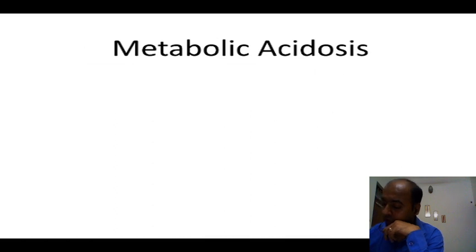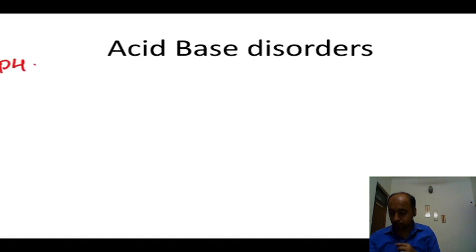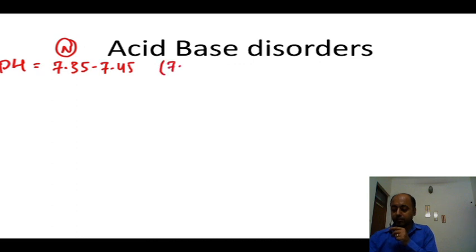One more thing I want to tell you before we go to the acid base disorders. When we talk about acid base disorders, you will get three values. You'll get the value of pH. Remember, the normal value is 7.35 to 7.45, average 7.4.